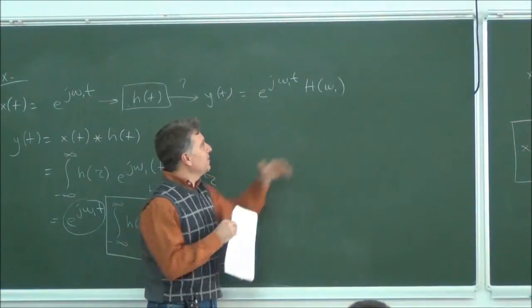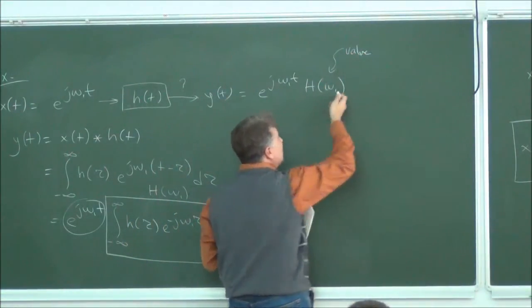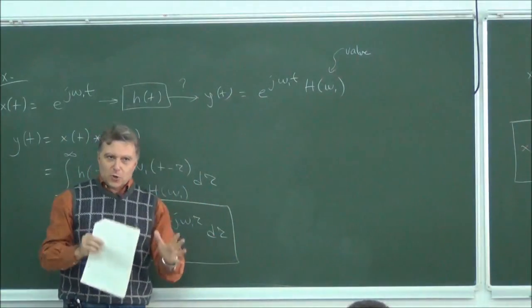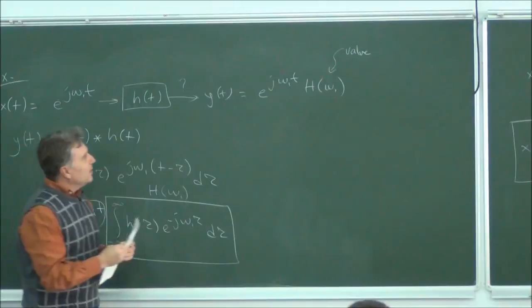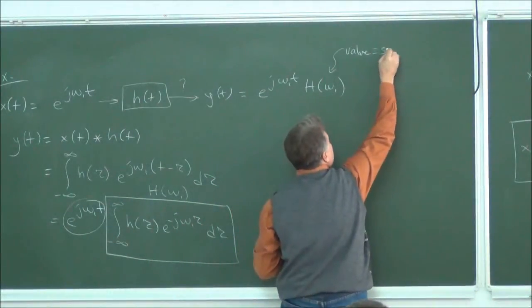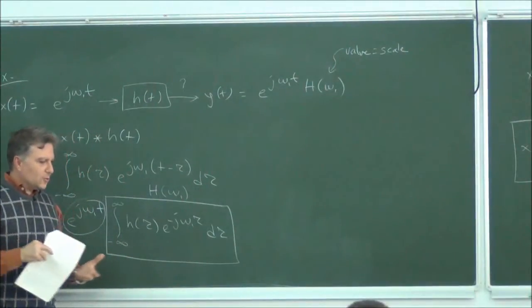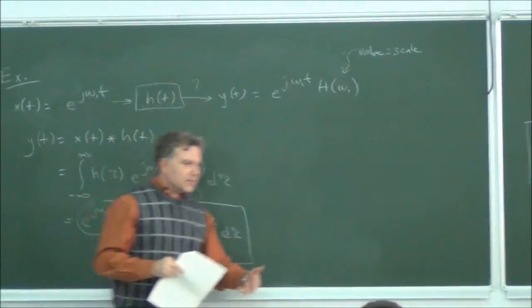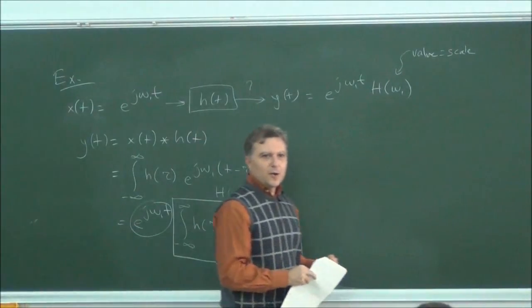This is a complex value. It depends on omega 1, but for a certain omega 1, it is just a numerical value. So that's a scale. So a signal goes into our system, and the same signal goes out, only scaled by a complex value.